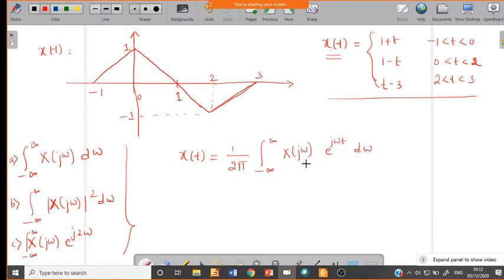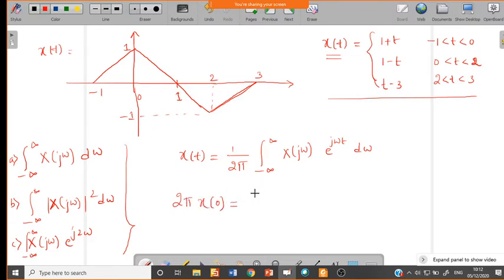What we have to compute is x of j omega into d omega. If you put the value t equal to 0, you will get this integral in the form we require, so that you get 2 pi into x of 0.